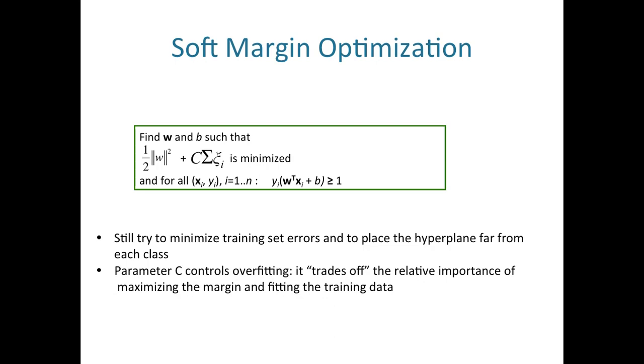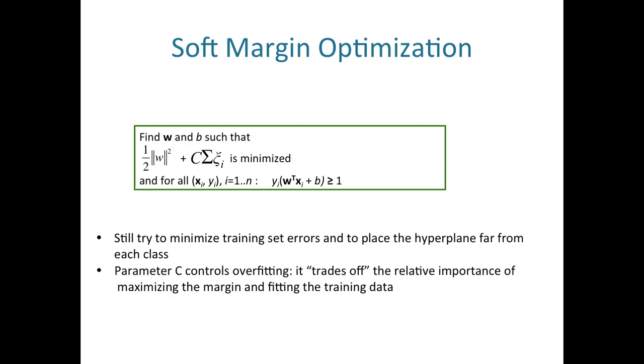So what C is doing is exactly that. It's basically like a trade-off button that we have there, and we will have to, on one hand, measure the importance of maximizing that separation, and on the other hand, the importance of fitting the training data. If you look at that formula that we need to minimize, it probably brings some memories when we studied linear regressions and regularization methods, remember? So it's something quite similar.